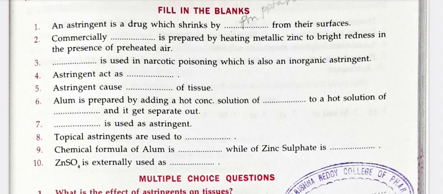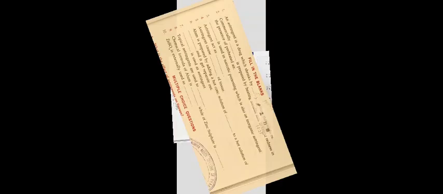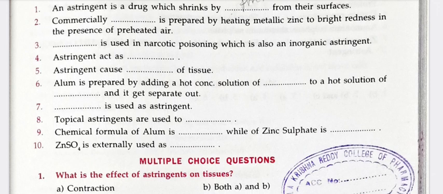Dash is used as astringent. Zinc sulfate, you can give the two examples, or you can give one example also, potash alum and zinc sulfate. The chemical formula for alum is dash, while for zinc sulfate you can write, everyone knows, just listen.